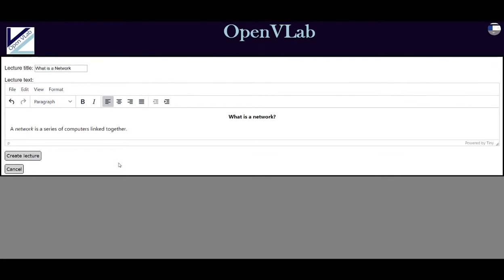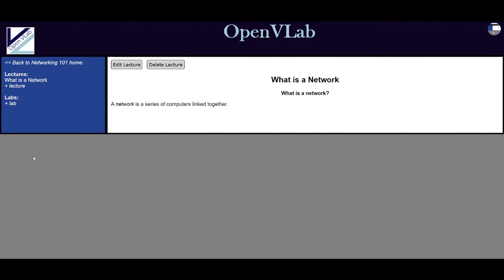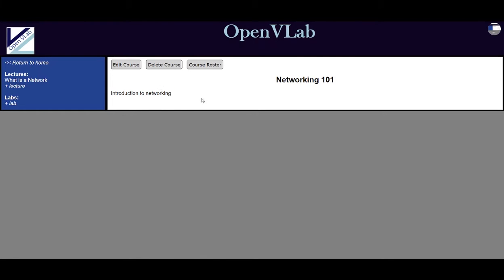When I am done creating the lecture content, I click the Create Lecture button. And now the lecture content appears here. If we go back to the course homepage, we see that all of the lectures appear on the left sidebar.